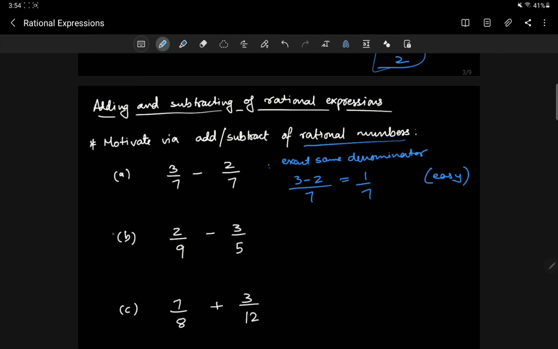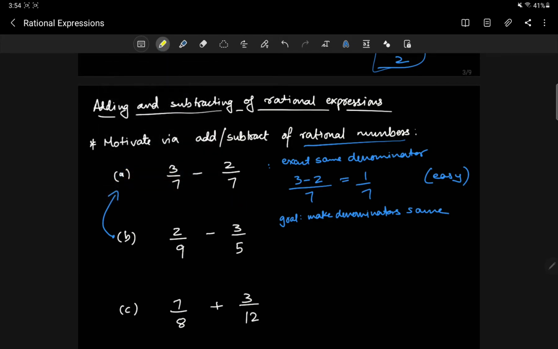So what we are going to do is figure out a way to make this into the easy case. The goal now is to make the denominators the same. Why? Because we already know how to add or subtract when the denominators are the same.